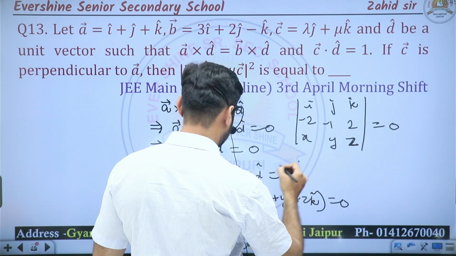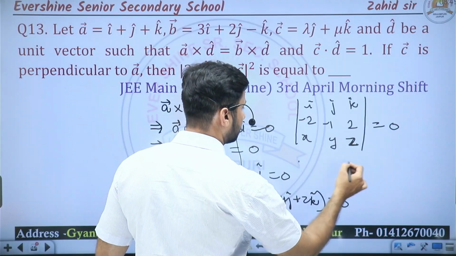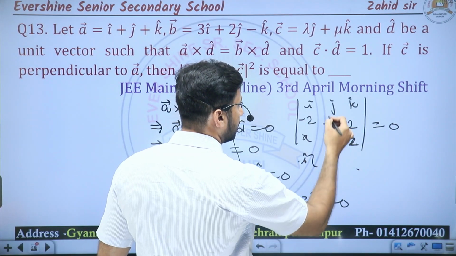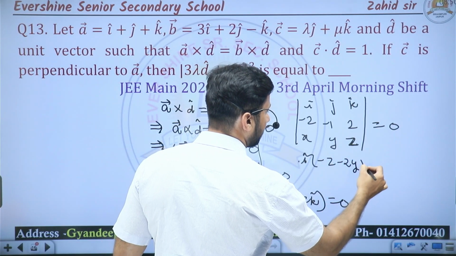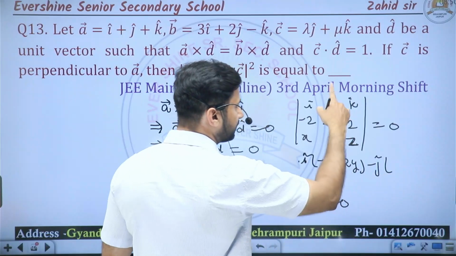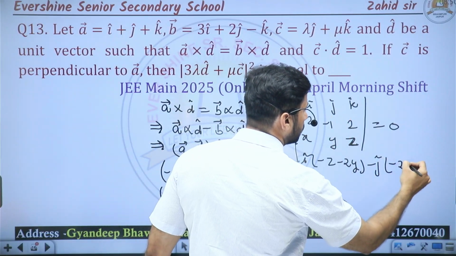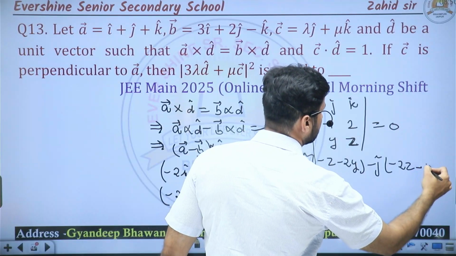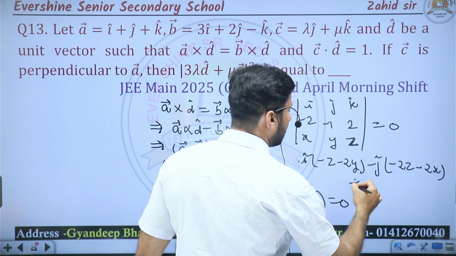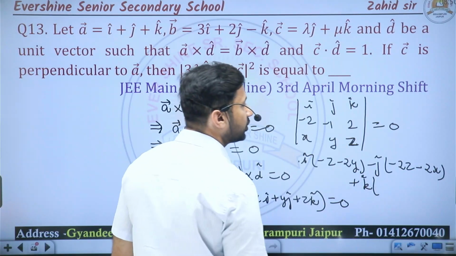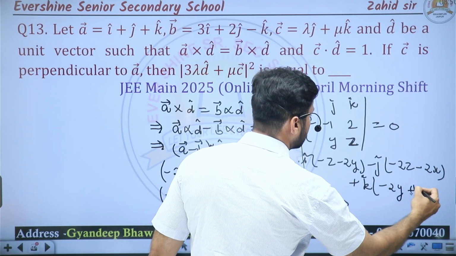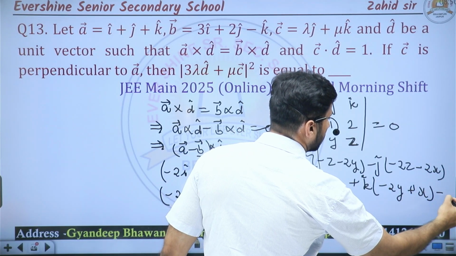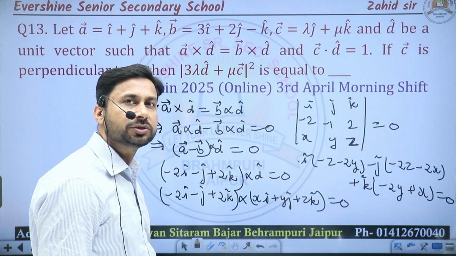So if I take I cap, it will be minus z minus 2y. Minus of j, so minus 2z minus 2x. If I take k, then it will be minus 2y plus x equals to 0.